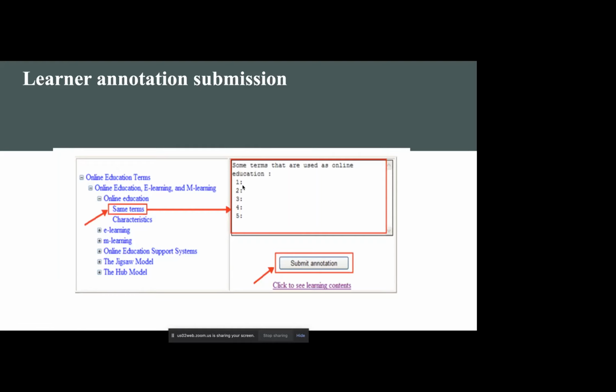When the learner completes each annotation, they should be scored 20. If they completed 3 annotations, they scored 60%. And if they complete all 5, they got 100%, and they can submit this annotation.